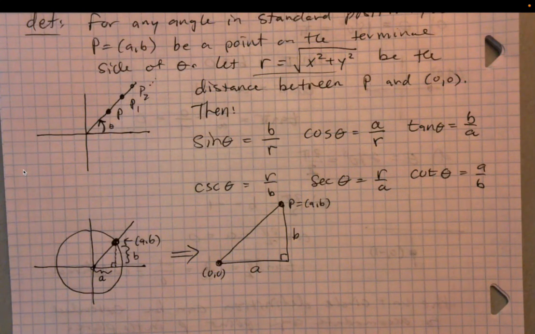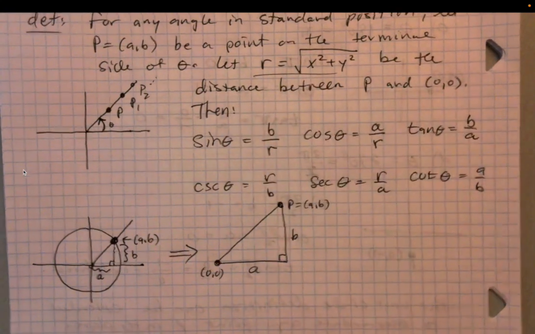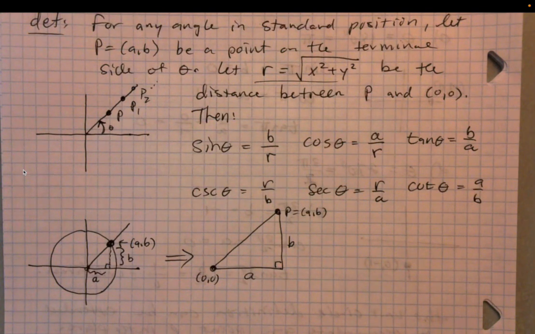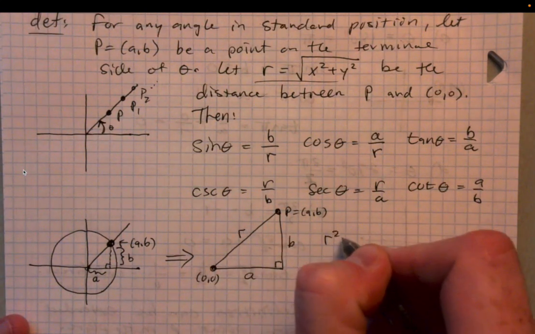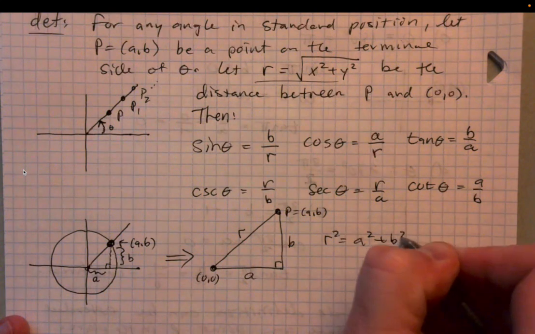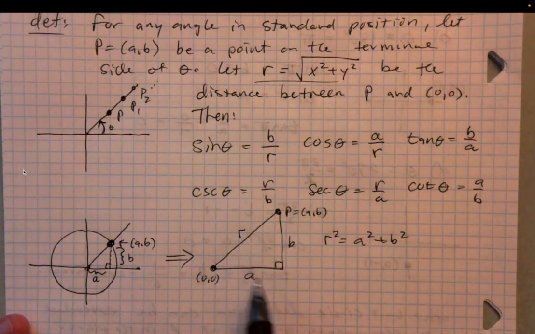If I want to know the distance between (0, 0) and P, which is what it says in the definition, I can use the distance formula from algebra, or because this is a right triangle, I can just use the Pythagorean theorem. So if this is r, then r squared equals a squared plus b squared. The two legs, square them, add them together, you get the square of the hypotenuse.